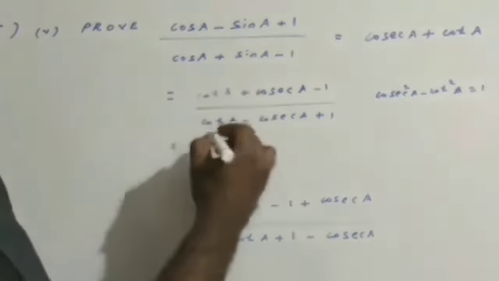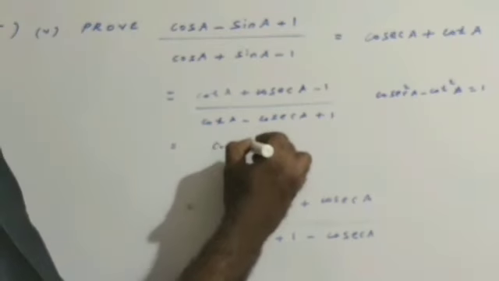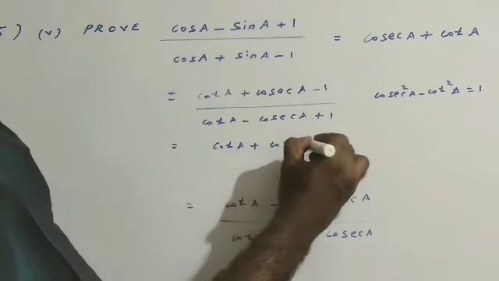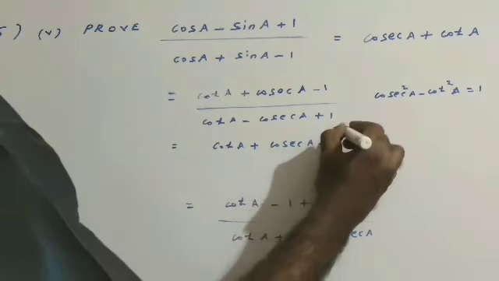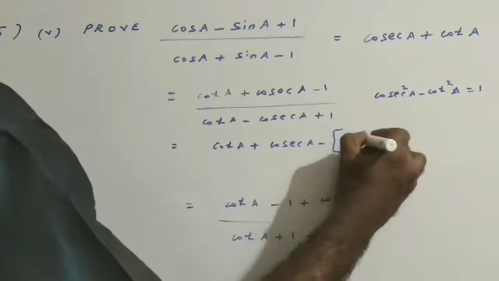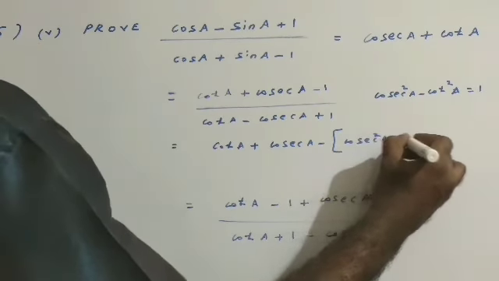Cot A plus cosecant A minus, put cosecant square A minus cot square A instead of 1.